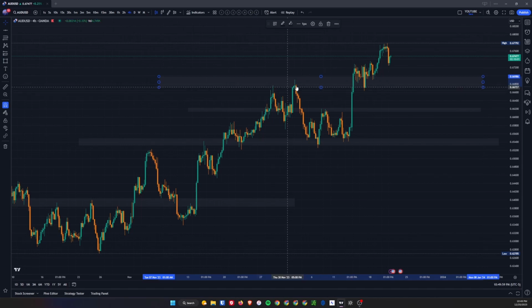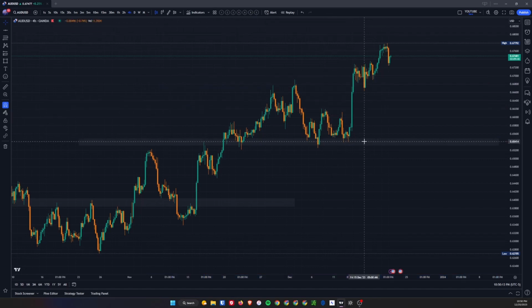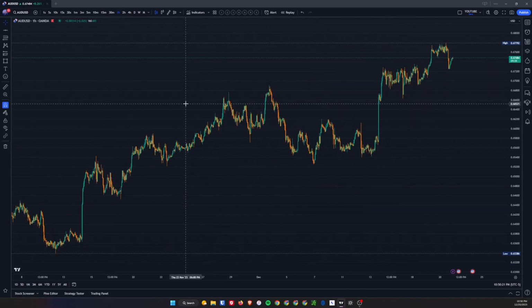All throughout here, respected, respected, respected. So that's how you draw points of interest as far as price levels. You can use lines, you can use boxes, but that's how I do it.